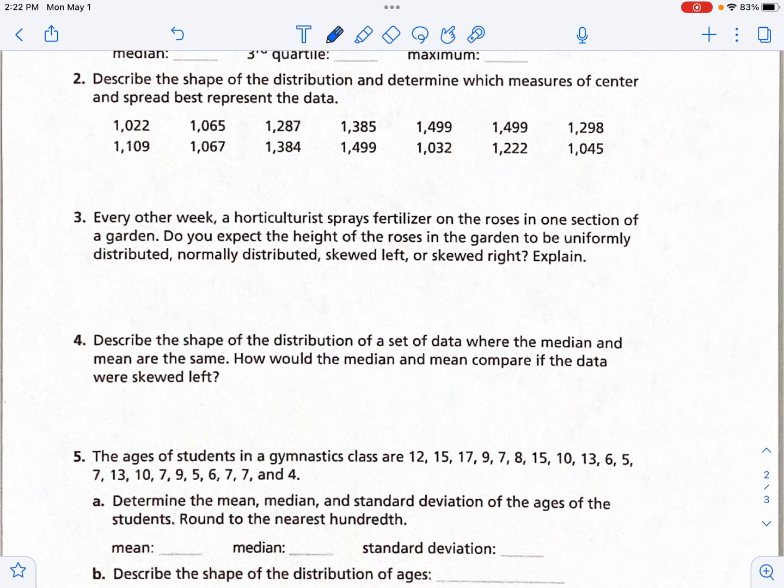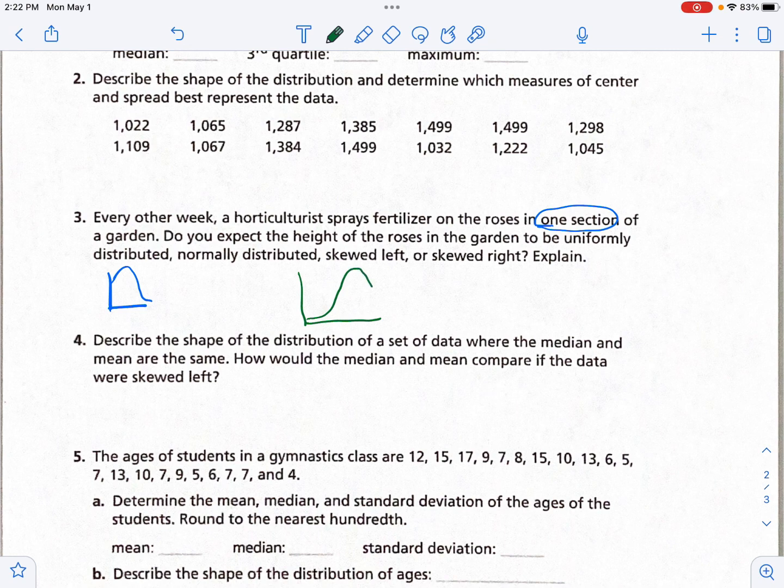If you sprayed more fertilizer on more of the garden, then you're going to have more be taller and fewer be smaller, right? But that's not what it's saying here. It's only spraying one section. So what's happening in this particular graph is you're not spraying as many, right? The less you're spraying, fewer like that.